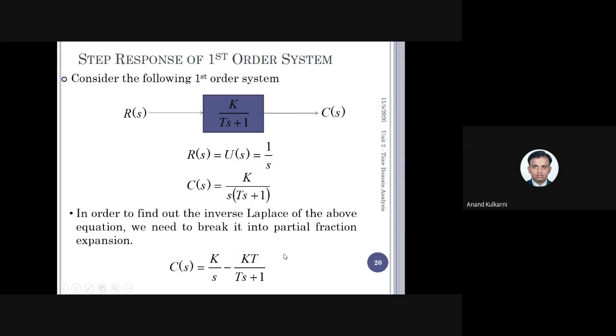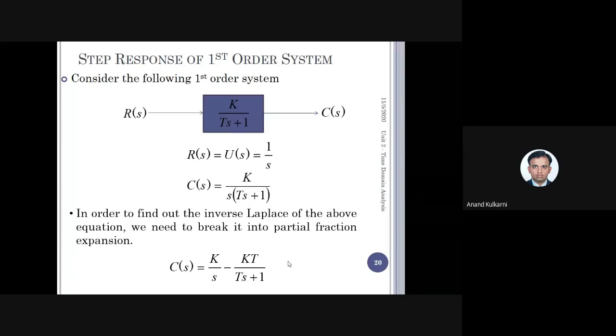Similarly, to get B, multiply both sides of the equation by Ts plus 1. So on the left hand side only 1 upon S will remain, and on the other side it is K into Ts plus 1 upon S, and B into Ts plus 1 upon S into Ts plus 1. That means B divided by S will remain. Ts plus 1 cancels.